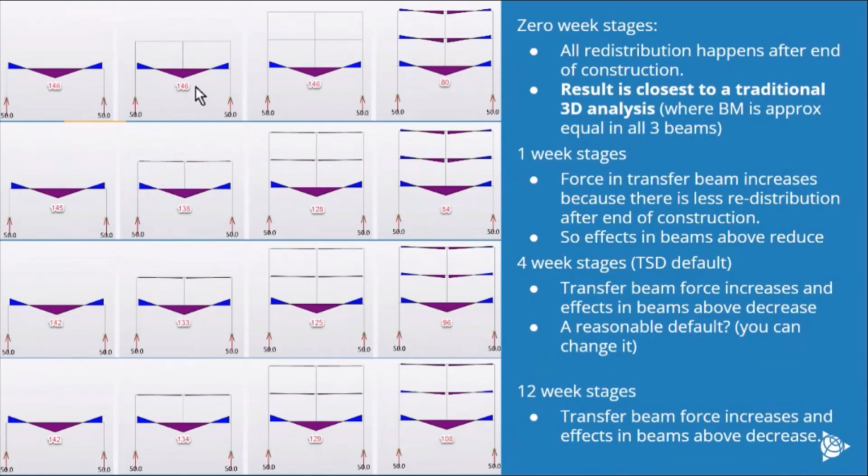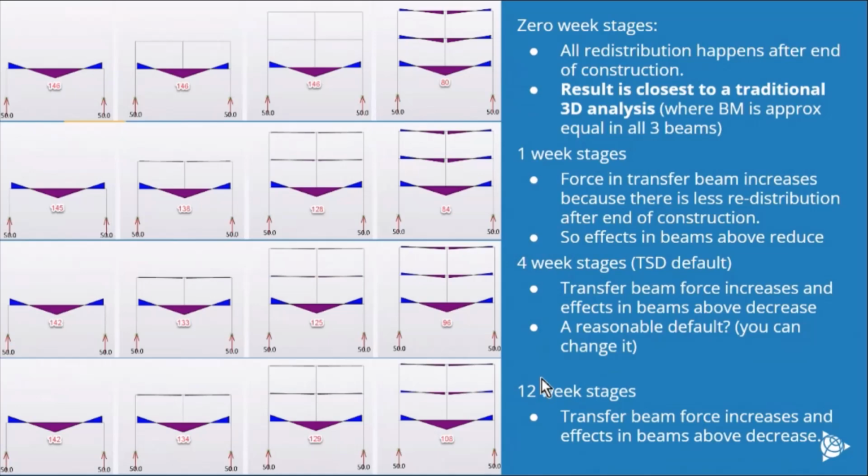So at 0 weeks, it's as I showed earlier, nothing happens during construction to these levels above. And then afterwards, there's a big change here as that goes to the 0.35 EI, and you get a lot of redistribution up there. At 1 week stages, you've had some redistribution, but from the end of construction to the design stages, a lot more happens, and so on.